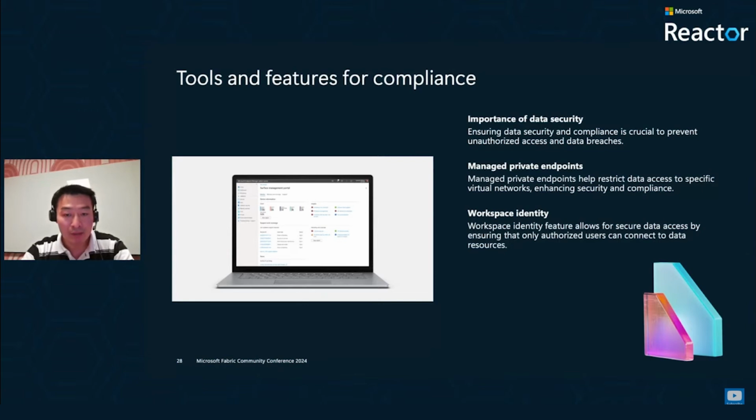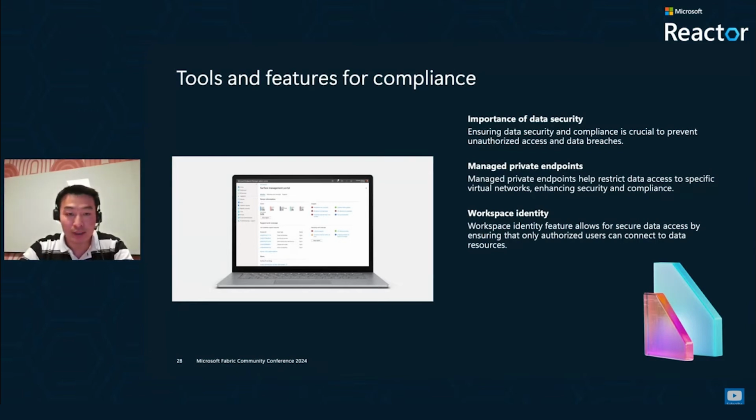By managing your private endpoint, you can restrict data access to a specific virtual network, keeping your data secure and compliant, so it will not be attacked by any tool outside of your network. By using the workspace identity, you can ensure that only authorized users can access your data resources.